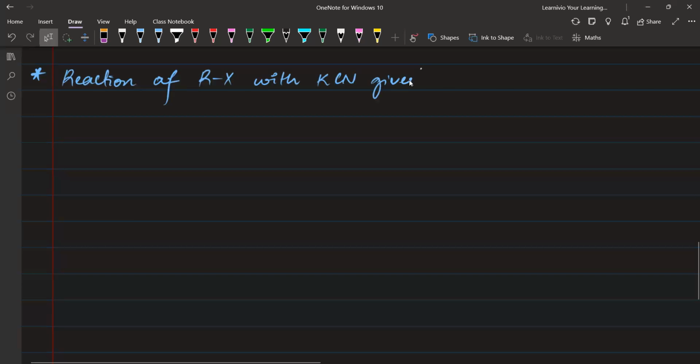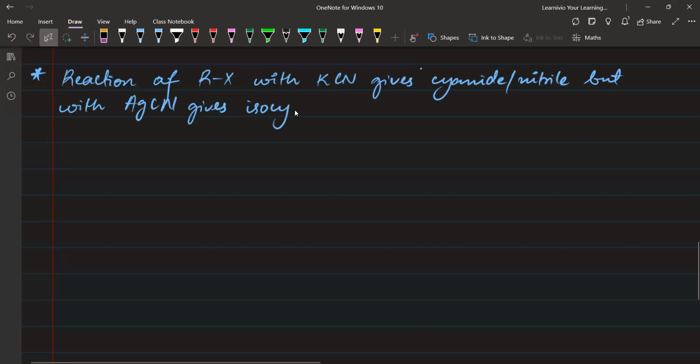Reaction of haloalkane with KCN gives cyanide, nitrile, both of these words are used, but with AgCN gives isocyanide या isonitrile. ठीक है, they will ask you to explain.